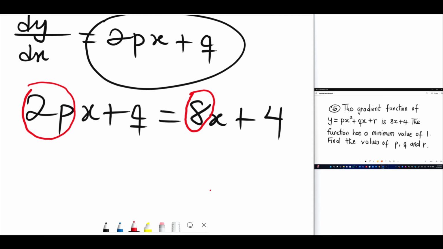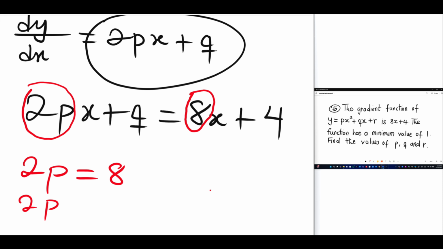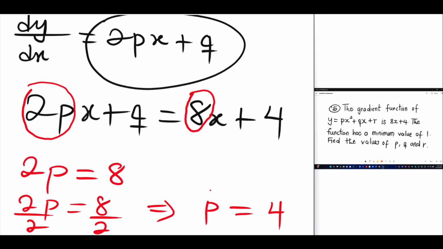So we are going to equate the two coefficients of x. 2p must be equal to 8. Then we divide through by 2 because we are looking for the value of p, so we divide through by the coefficient of p. This implies that p is equal to 4.